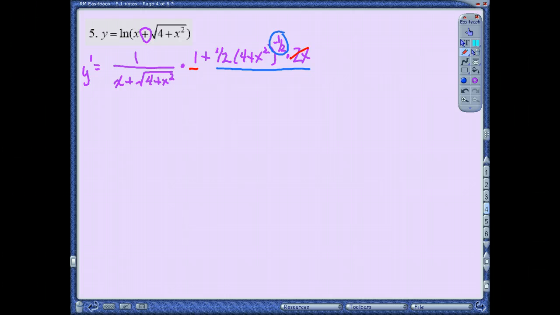So let's do that. We've made that look a little nicer. So we have our 1 from our first term, plus we still have an x left in the numerator, and then our denominator is now the square root of 4 plus x squared. That's this guy right here. We've moved it down in the bottom, all divided by the original denominator that we have.